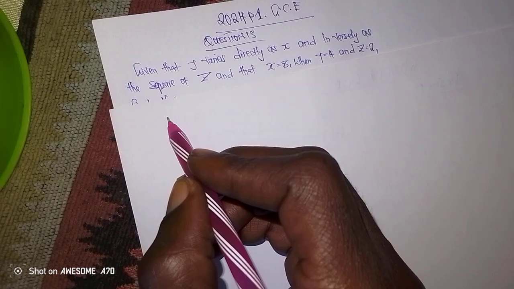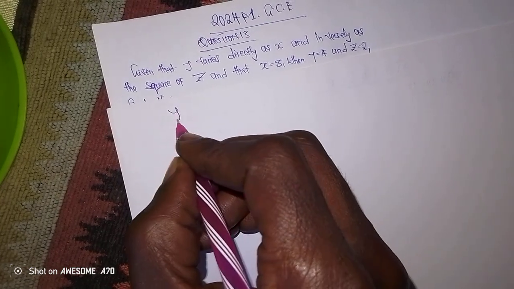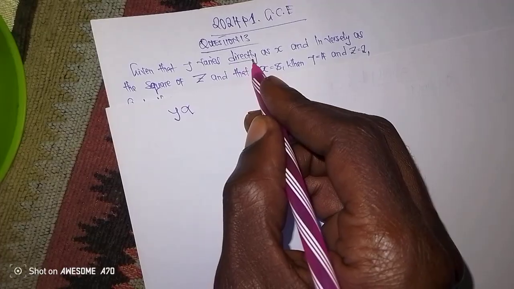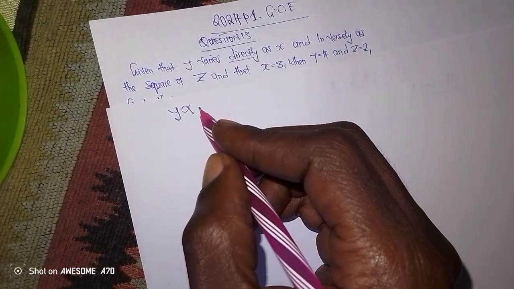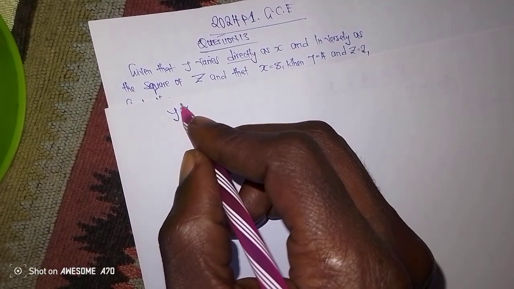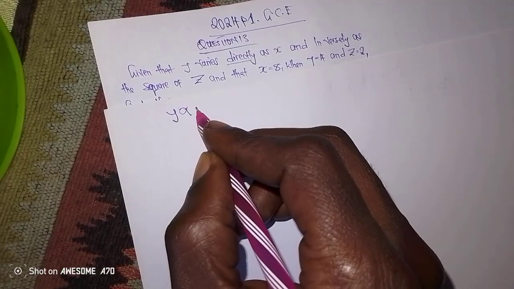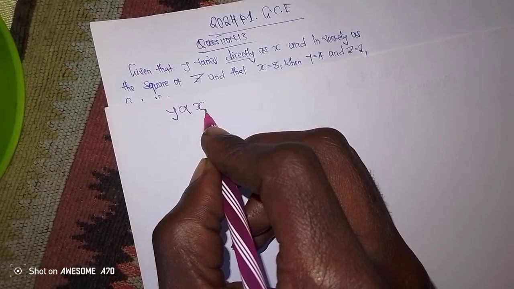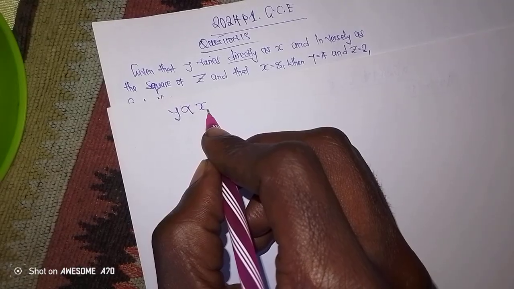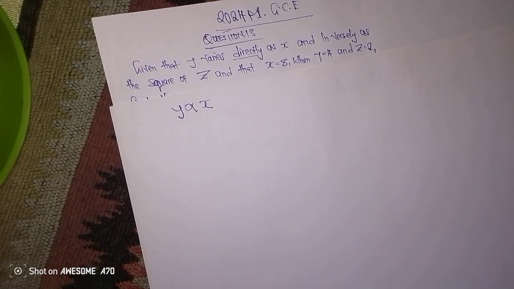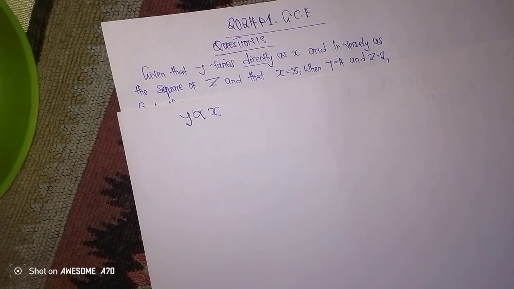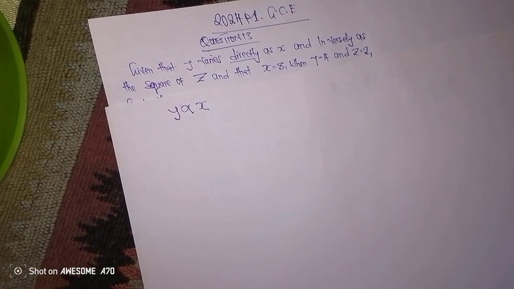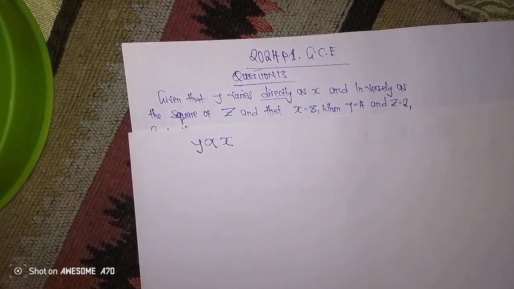So we are told y varies directly as x, meaning it varies. This is the symbol for varies directly as x. And inversely. In variations, when we just see the word and, it falls under a joint type of variations.